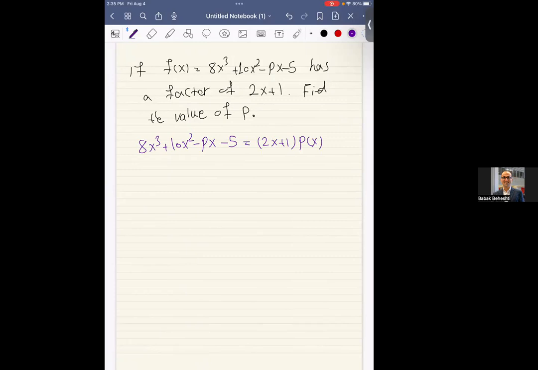I can find it eventually, but I don't need to, basically. That's the point. Let me use another letter because I have used p here. Let's see, g of x, q of x.